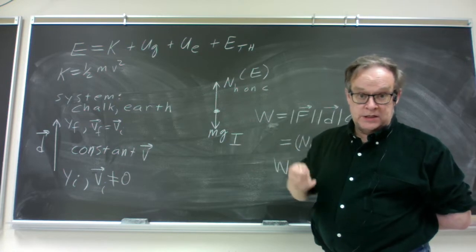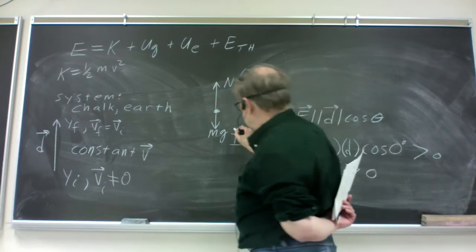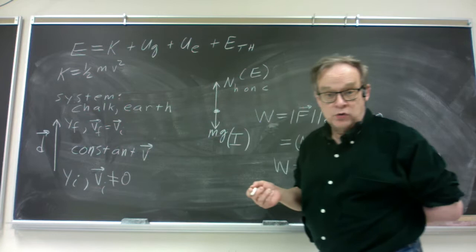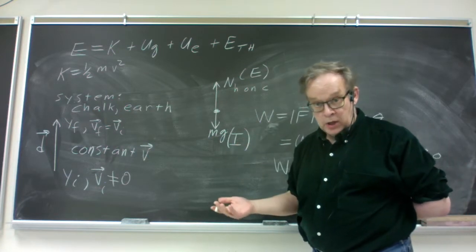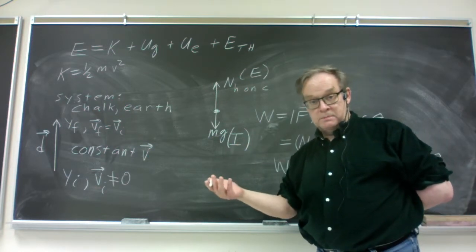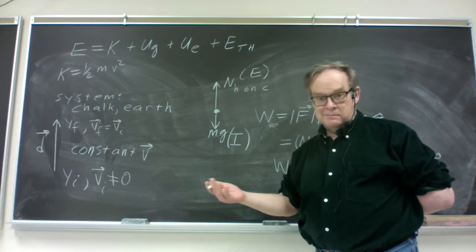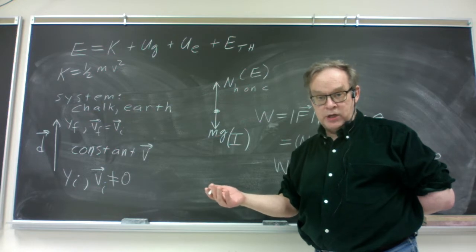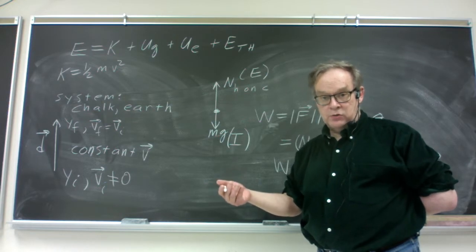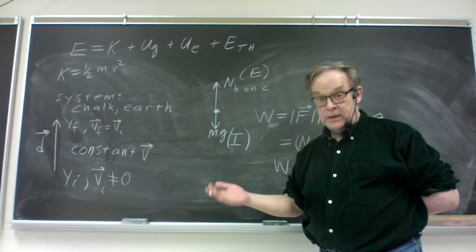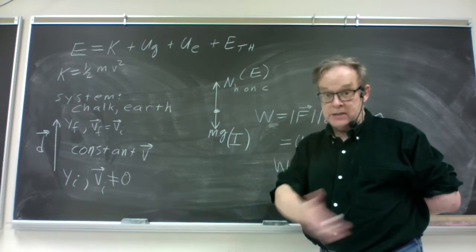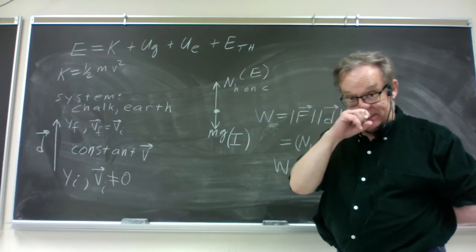So why is this distinction between internal and external important? Because, as we've seen earlier, when work is done by external forces, the energy of the system can change. Work done by external forces is how a system either gains energy or has energy taken away from it.